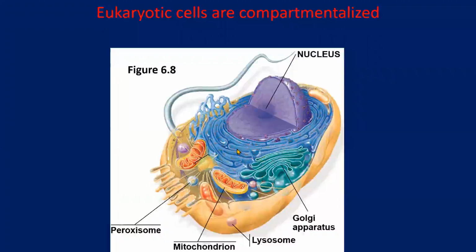This curvature shows that it maximizes the surface area to volume ratio. Even though the cell size of the eukaryotic cell is much larger than the prokaryotic cell, at the same time it has to have a faster metabolic rate.